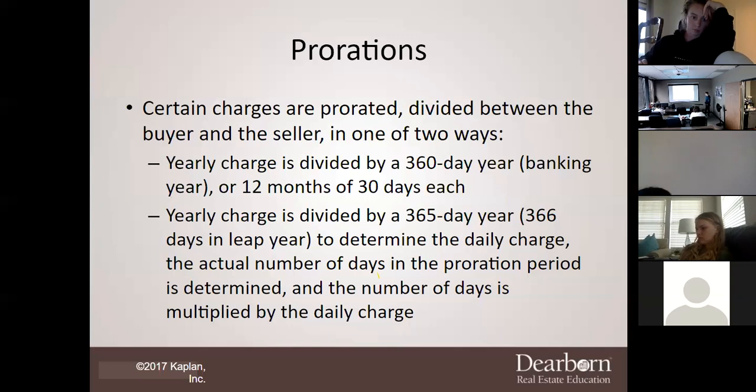And that would make it much more difficult because you'd have to know, if it's a leap year, how many days are in each month. Every 4 years. Yep. To determine the daily charge, the actual number of days in the proration period is determined, and the number of days is multiplied by the daily charge.